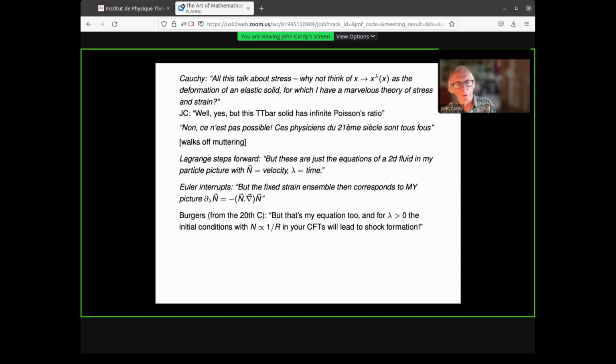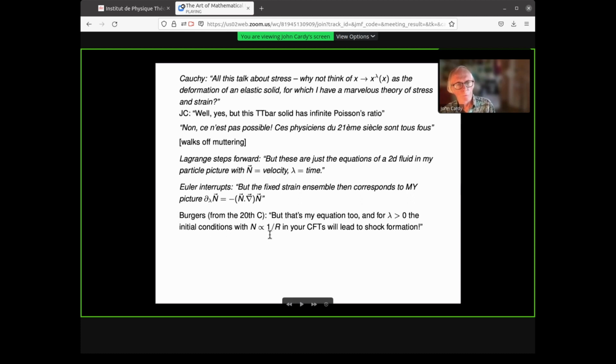So it turns out that if we start with the initial data corresponding to a conformal field theory, that is, the force is proportional to 1 over the distance, which is the Casimir effect, then what happens is that the particles that start from a small r move faster than the ones that have a larger r, and they overtake them at some point, and that leads to a hydrodynamic shock.